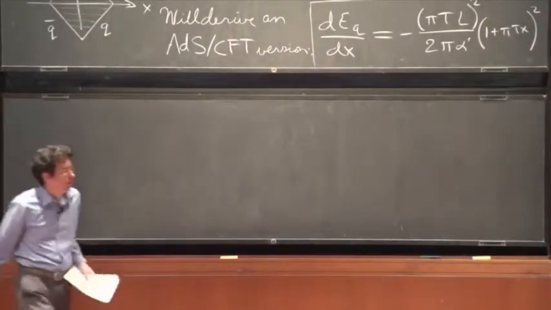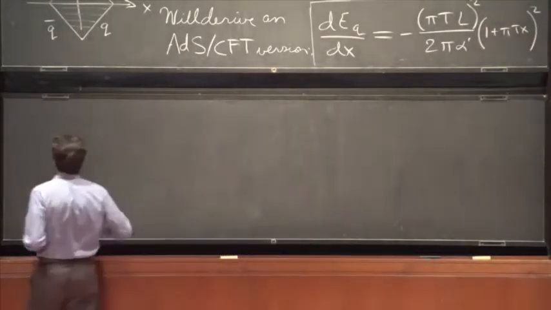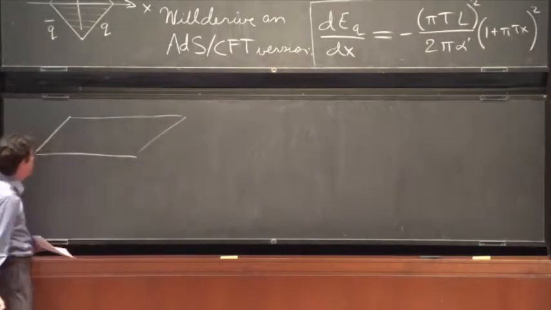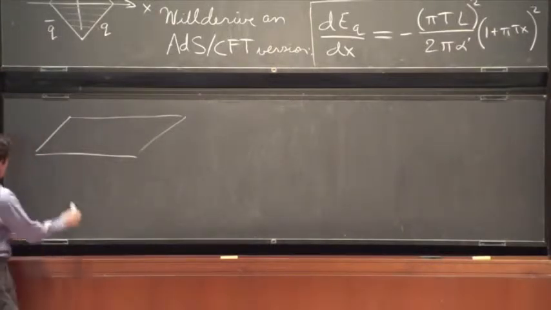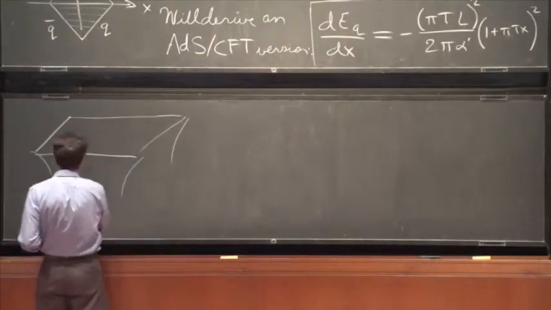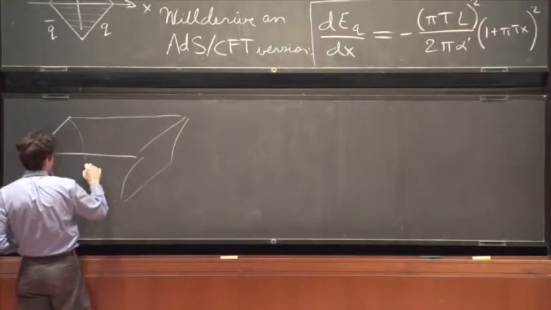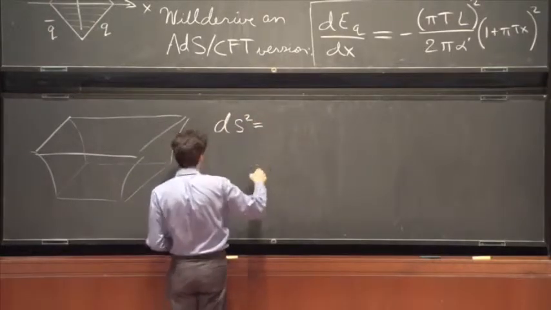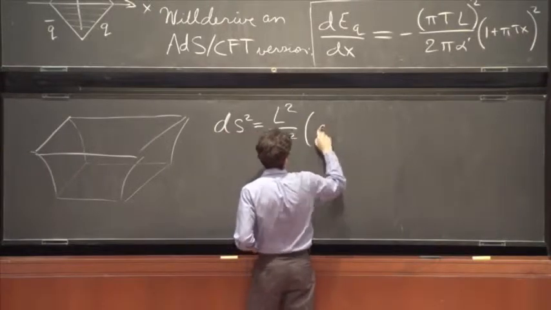Let me continue by talking, in general terms, about QCD strings as modified in the context of the AdS/CFT correspondence. So in AdS/CFT, of course, we had this wonderful geometry, AdS5, whose metric is L squared over z squared.